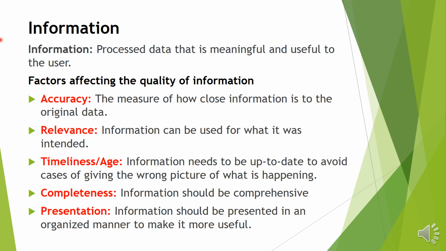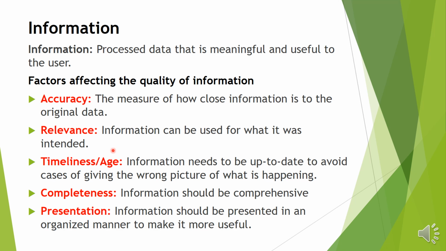We have relevance. Relevance: information has a target. You need information for doing something. So the information which is intended to be used for a purpose, this factor is known as relevance.